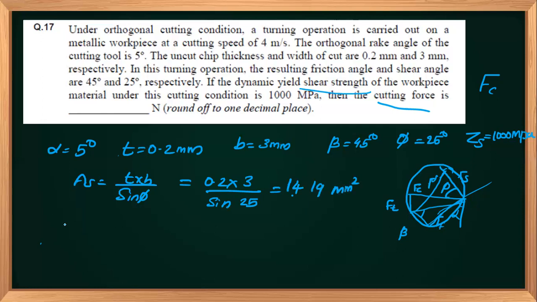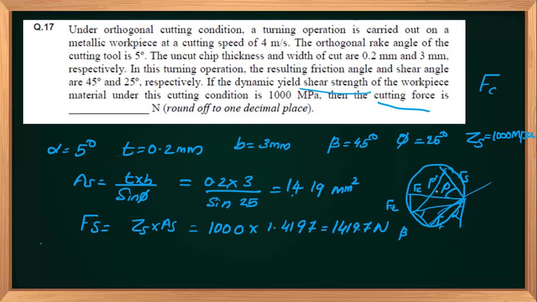Now what will be our Fs? Fs will be nothing but tau times As. Your shear strength multiplied by area will give you the shear force. So this will be 1000 multiplied by 1.419, which gives you 1419.7 Newton.